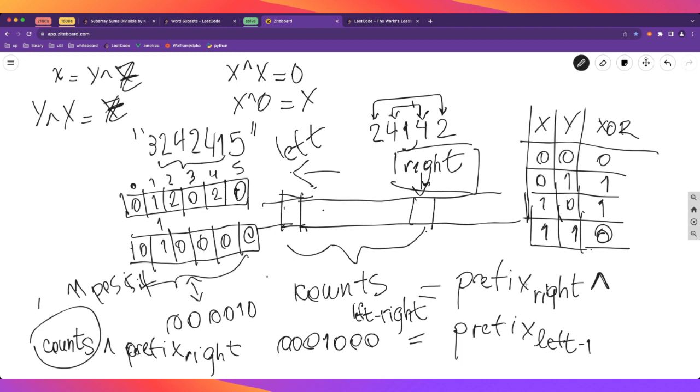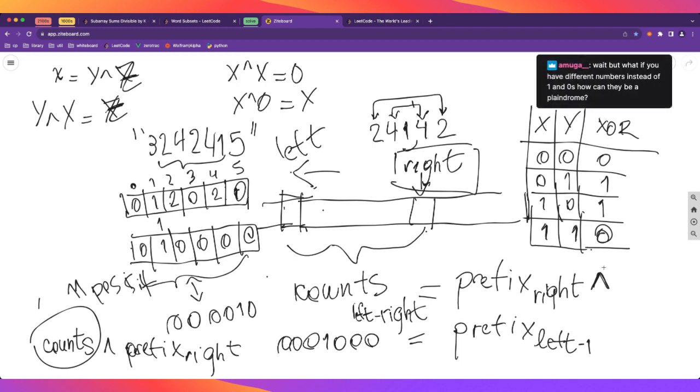What I explained is that if you have the counts for the prefixes, then you can do an XOR, which is equivalent to the difference in the prefix sums, a difference in mod 2.